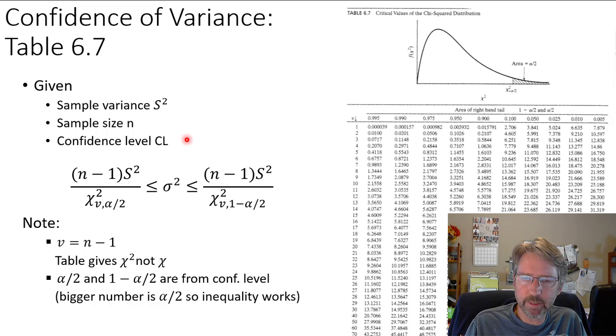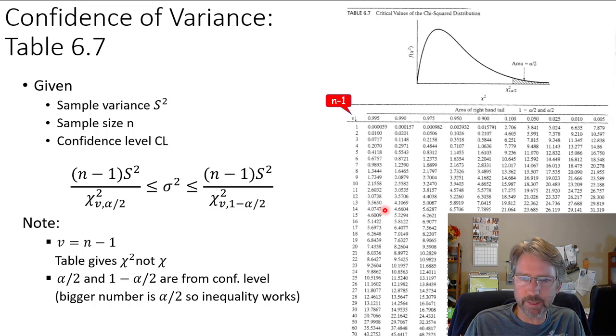This equation is showing the confidence interval on the variance, and finding these chi-squared values, they come from this table. So remember, again, we have v in the table, so that's n minus 1. The table here is chi-squared, not chi, so don't square it, just put that number in the denominator here.